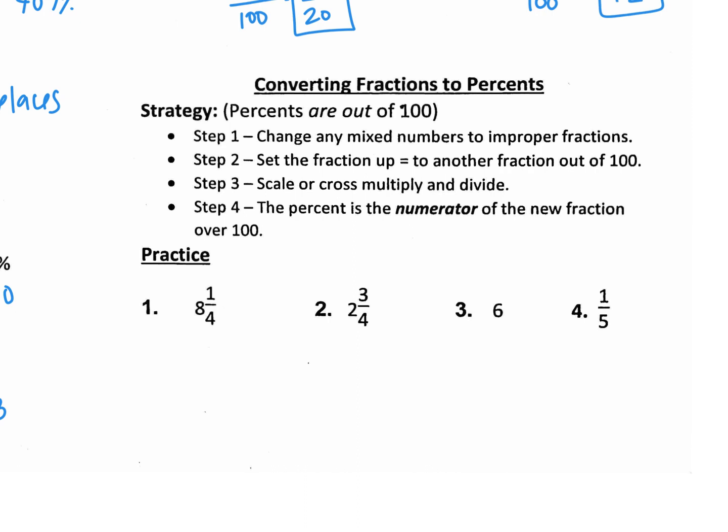Do y'all remember how to do that? I start at the bottom. I multiply the denominator by the whole number. So that's going to be 32, and then I add the numerator. So my mixed number should be 33 fourths. My numerator will be 33.